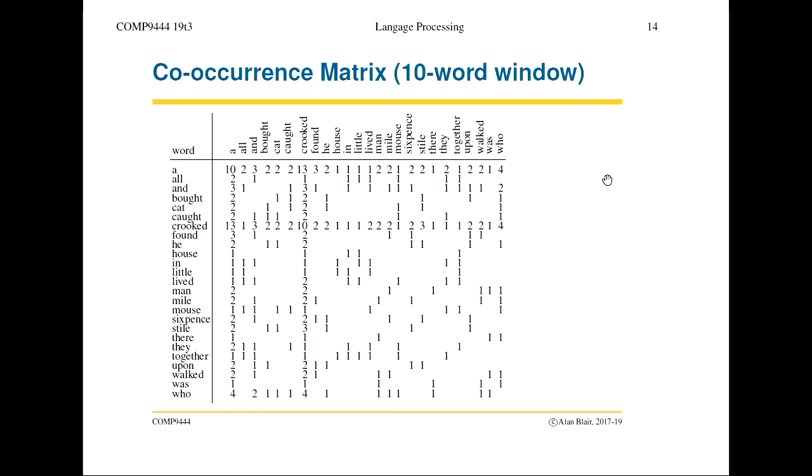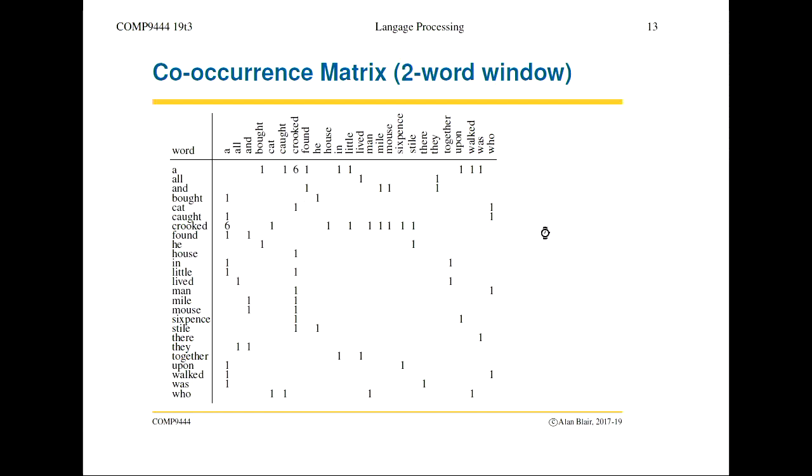We want to assign to each word a vector in such a way that similar words are assigned similar vectors. So this column here could be treated as a representation for the word mouse, and this other vector could be treated as the representation for the word they, and so on, and crooked.